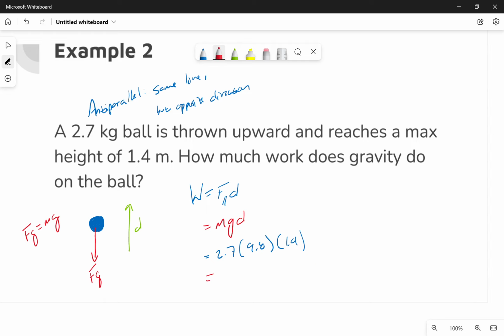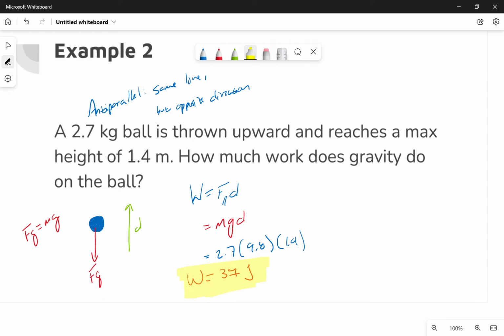And once again, I'm going to put that in my calculator. 2.7 times 9.8 times 1.4, and I get 37 joules. 37 joules of work. So there's the work that's done there.